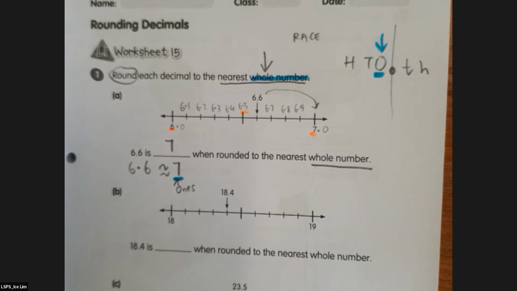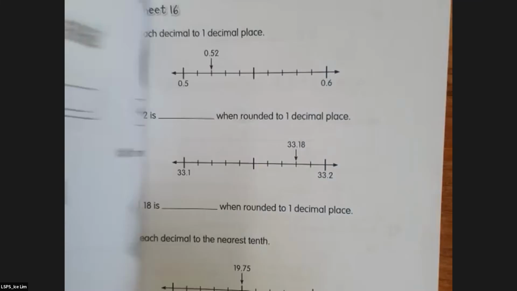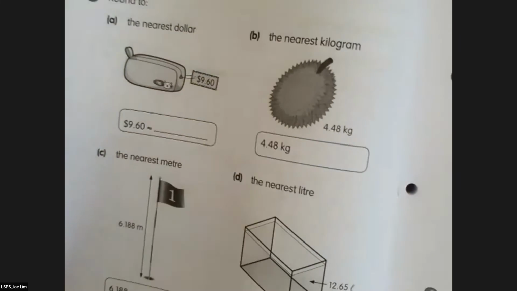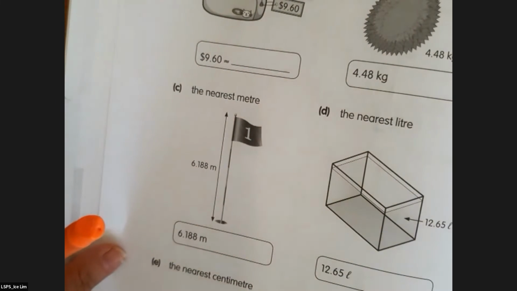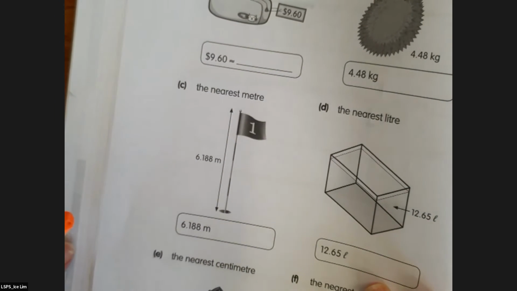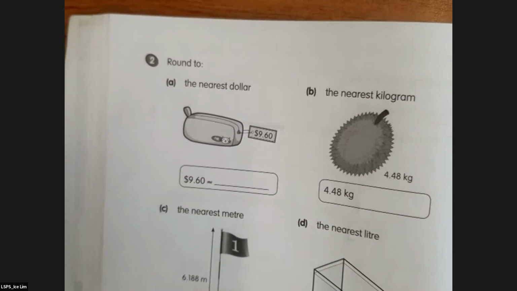Is that okay? So another example. Page 38. Let's say I do question 2a, to the nearest dollar.